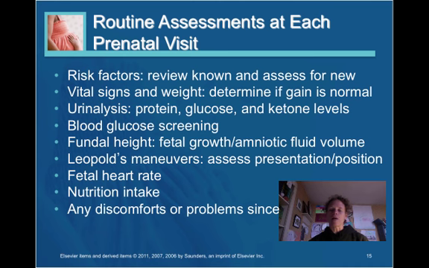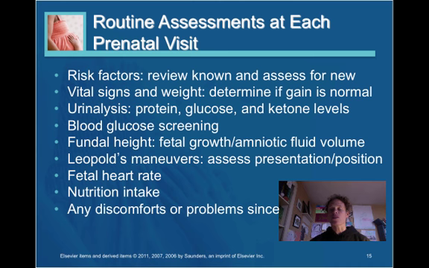Remember, we talked about the three parts of the uterus in today's lecture. Or excuse me, I guess it'll be yesterday's lecture by the time you all listen to this. The fundus is essentially the top part of the uterus, and that is going to be assessed at every visit so that the growth of the fetus can be assessed.